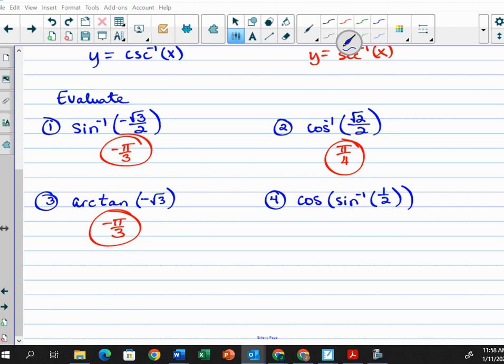Wait, but why didn't you have inverse of sine? Regular cosine. All right, guys, you start on the inside and work your way out.